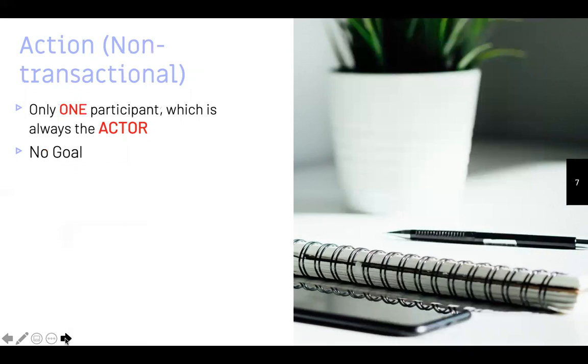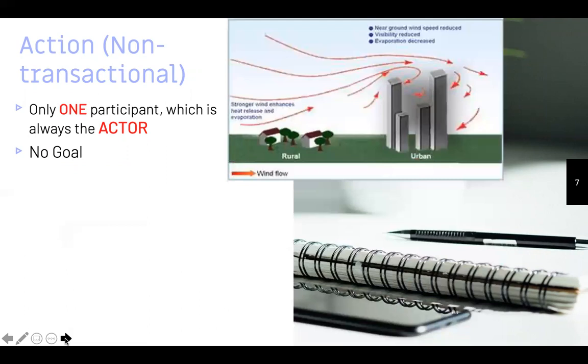Okay, now can we have action but non-transactional? When it is non-transactional, it means it has only one participant, that is the actor. There is no goal. For example, in this image, always remember the arrows normally form the vector lines, to indicate that this is a narrative structure.